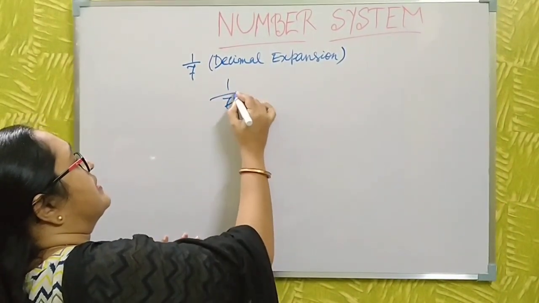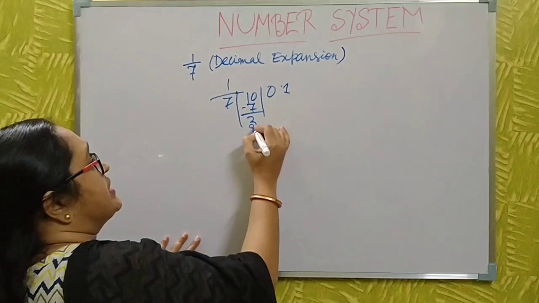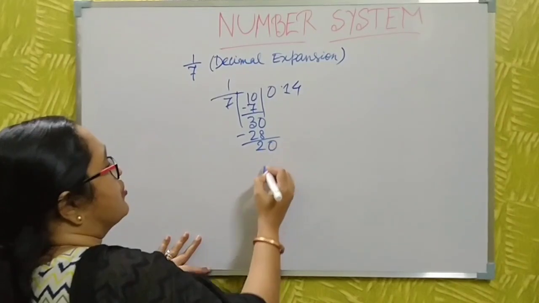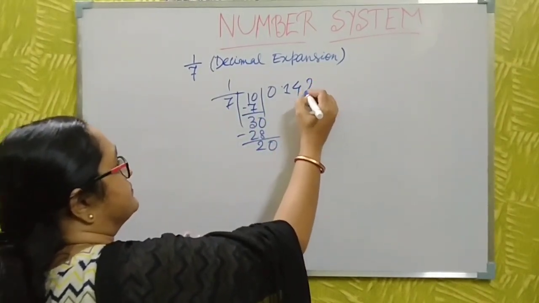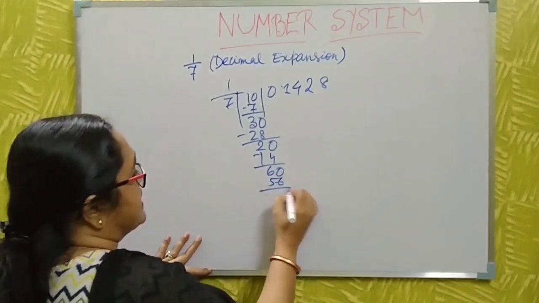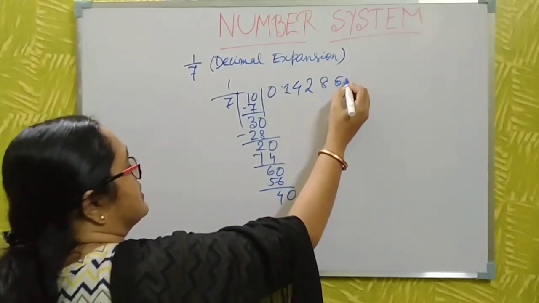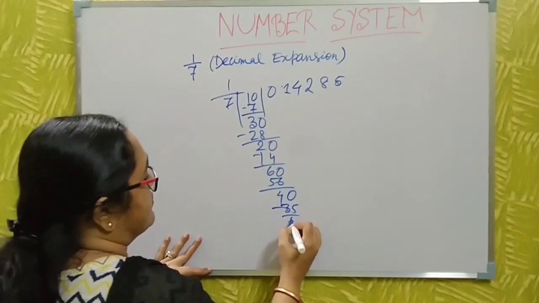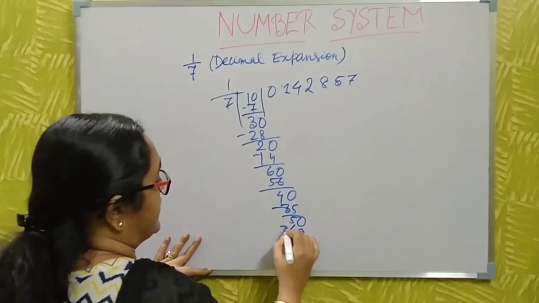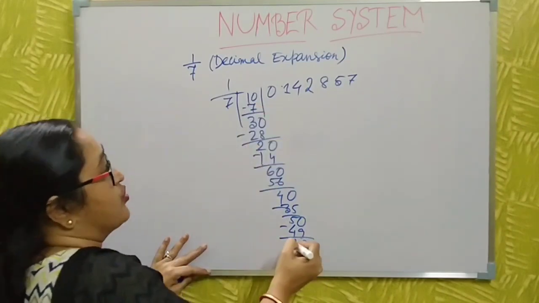What is this? 1, 0.0730, 28, 20, 14, 60, 56, then 4, again 0, 35, then 5, again 0, 49, then 1, again 0, then 1, again 0.